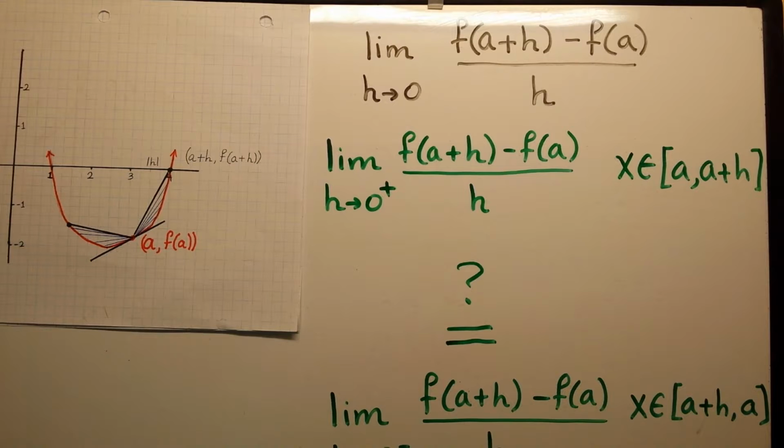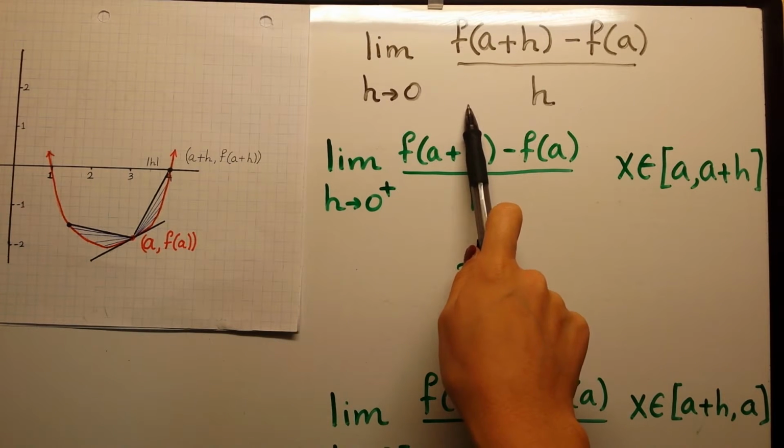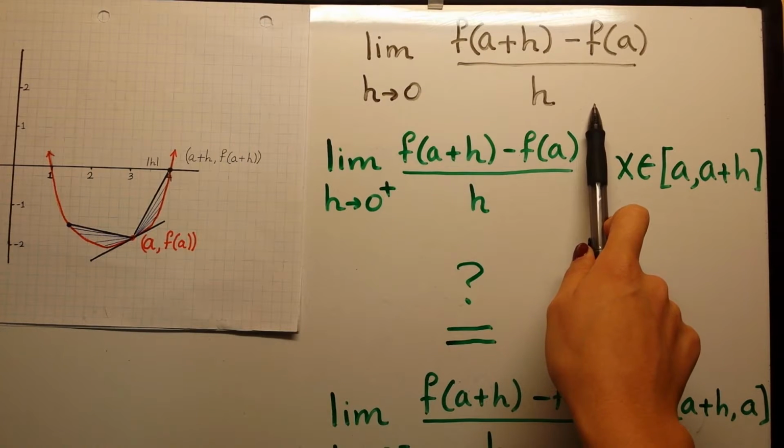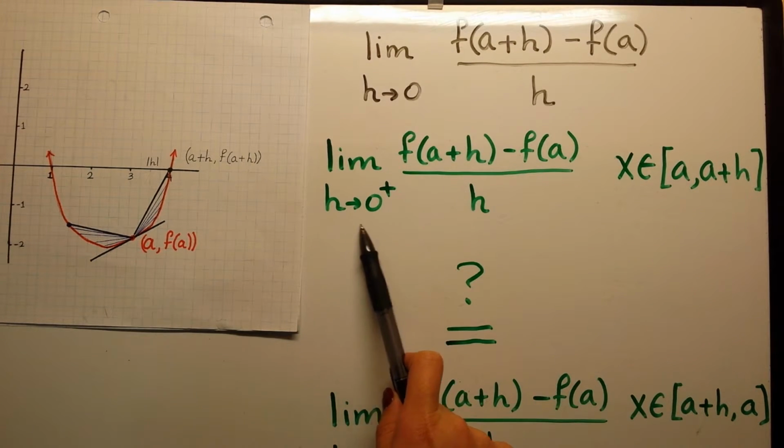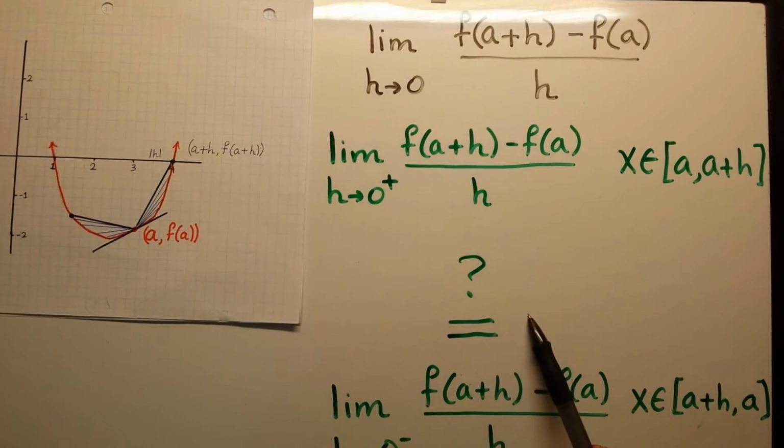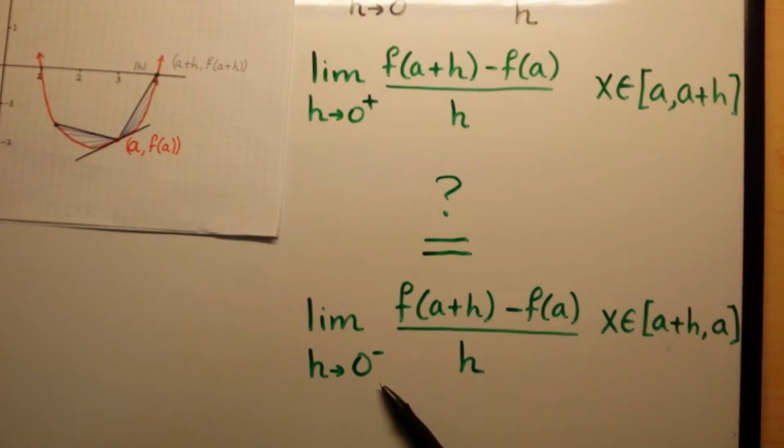Now, in order for a two-sided limit to exist, the left limit and the right limit should both approach a common value. So here you can see that I have this IRC formula. And in order for this to exist, two-sided, the following interval should have the same value as the preceding.